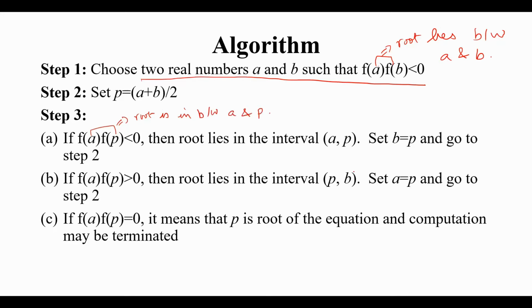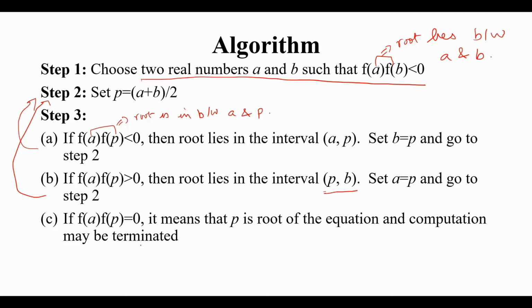So for the programming, you can set b is equal to p and then go to step 2. And if this condition is not satisfied, that is, if it is greater than 0, then obviously the root will lie between p and b. In that case you will set a is equal to p and then again go to step 2.